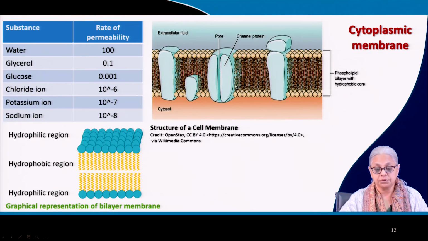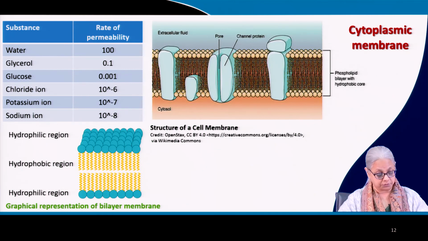So it has pores, it has channel proteins, you have transmembrane proteins, you have proteins that are on one side of the membrane. All these things are what allows nutrients to come in and waste to be excreted into the environment. So that is the entirety of the structure of the plasma membrane. So you can see how incredible it is, literally.